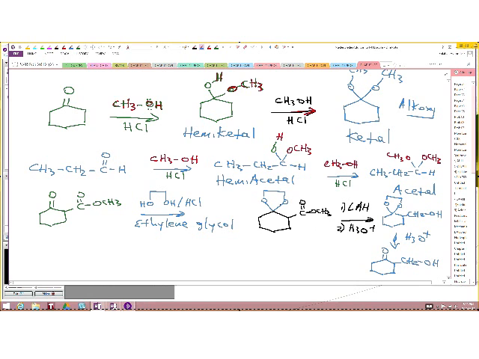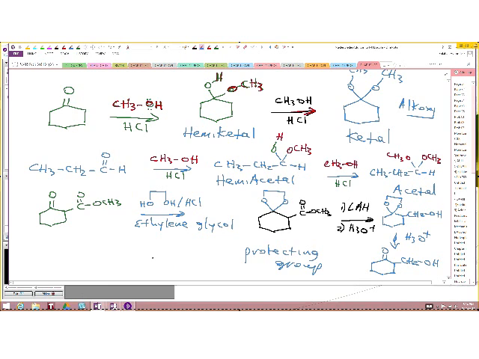So in this case, we have used the ketal here as a protecting group. We could similarly do the same thing if we had to protect the carbonyl of an aldehyde.